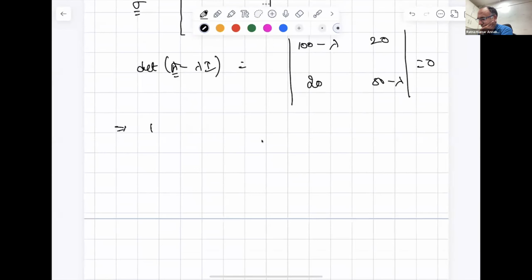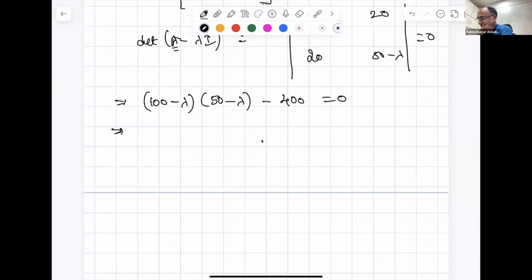That implies 100 minus lambda into 50 minus lambda, minus 20 square, which is 400, must be equal to 0. That implies 100 into 50 is 5000, minus 100 lambda minus 50 lambda is minus 150 lambda, plus lambda square, minus 400 is equal to 0.